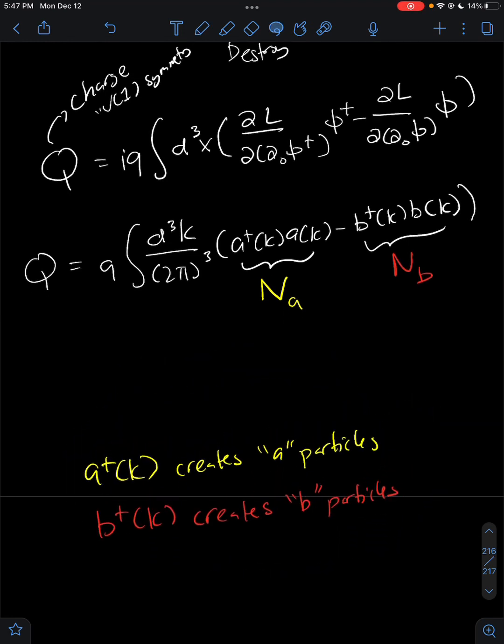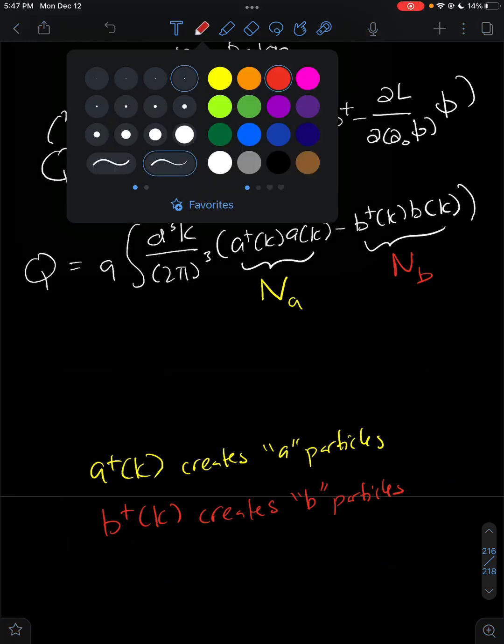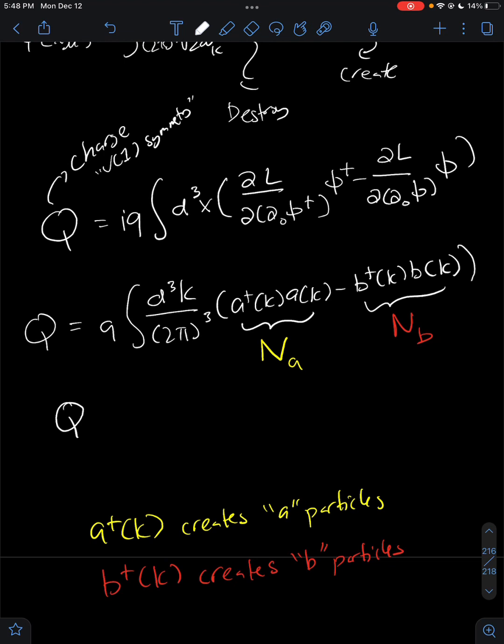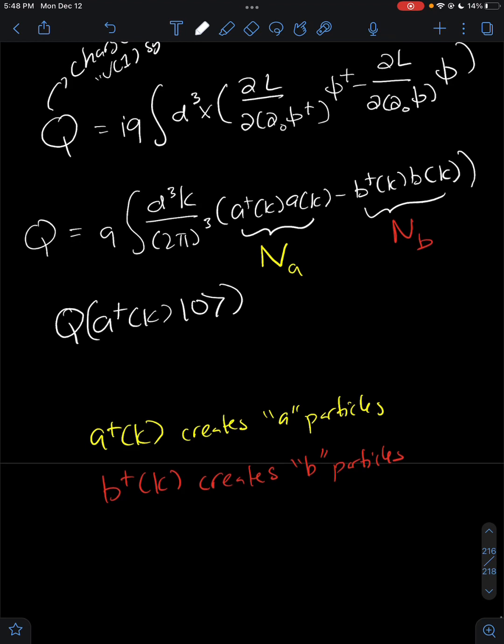So what happens when Q is acting on a state that's A conjugate k acting on the vacuum? So this corresponds to one A particle with momentum k. So let's call that 1A k.